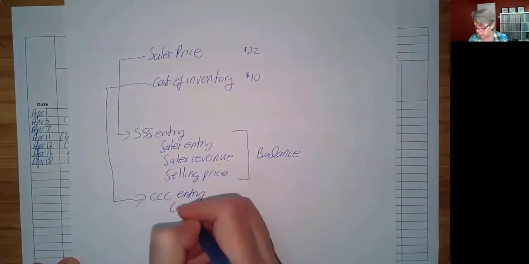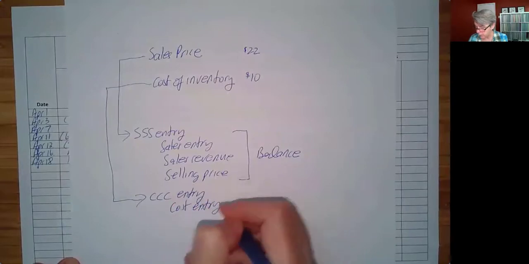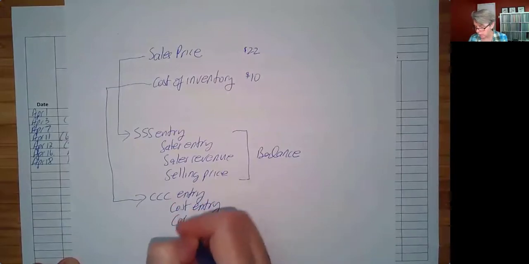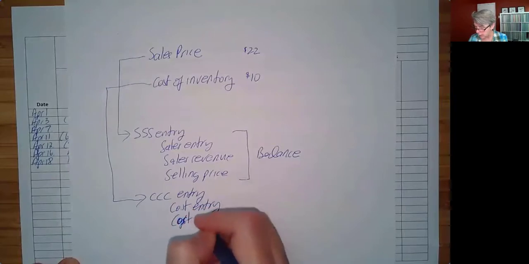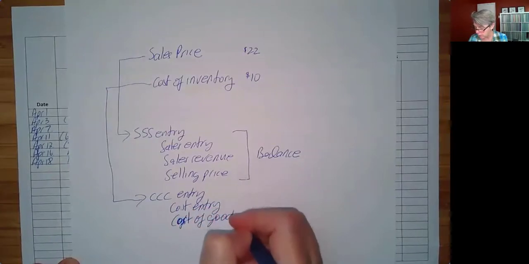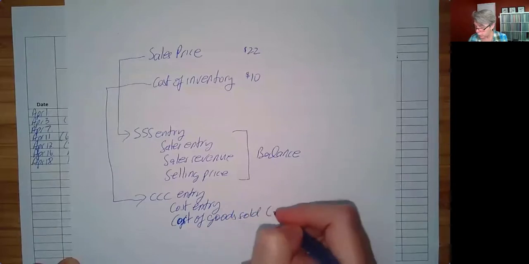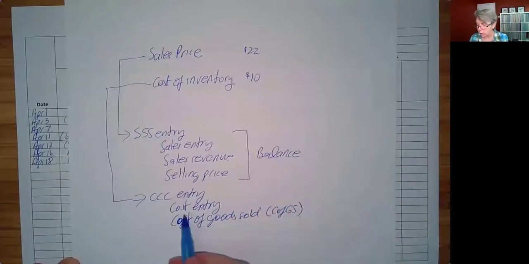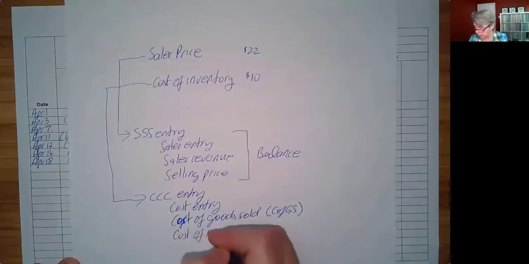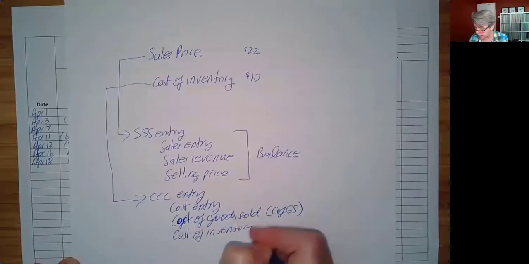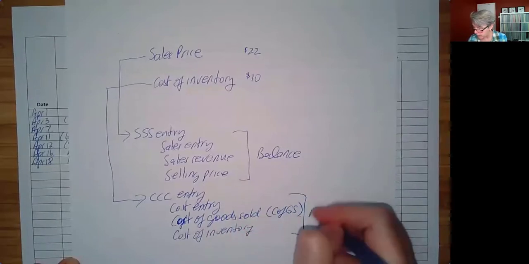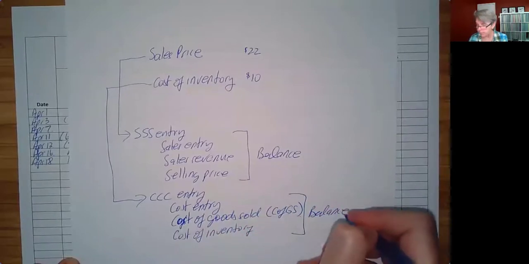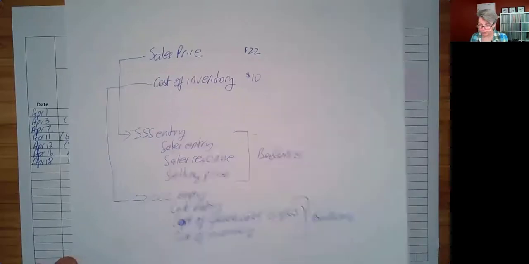That's the cost entry to the cost of goods sold. I'm not going to use the short form. Cost of goods sold, which is short form. So cost entry to the cost of goods sold for the cost of inventory. So this also has to be a balancing entry. So let's do it.